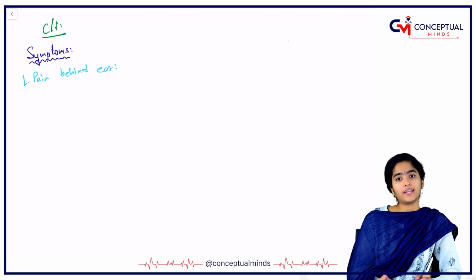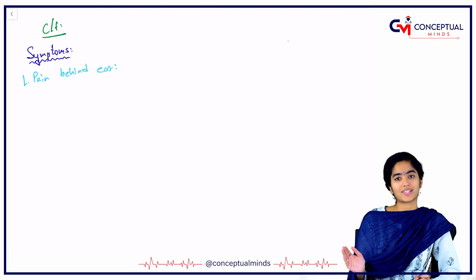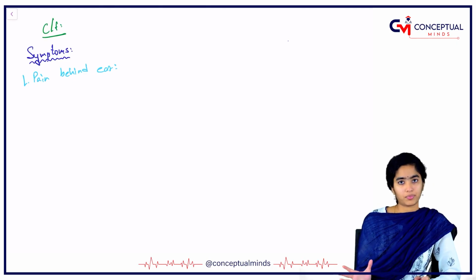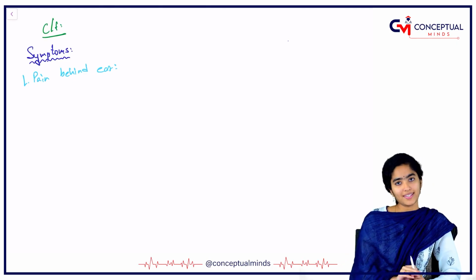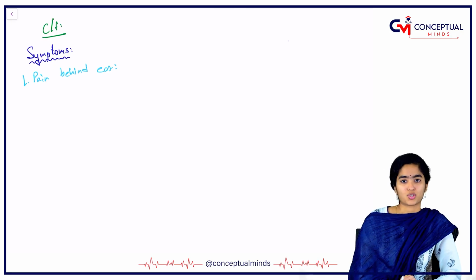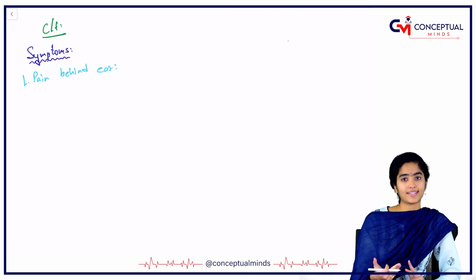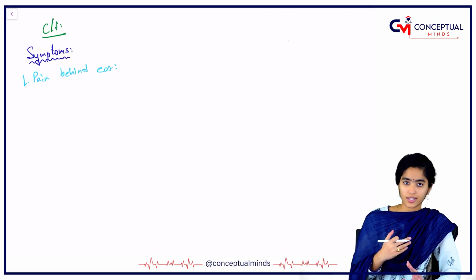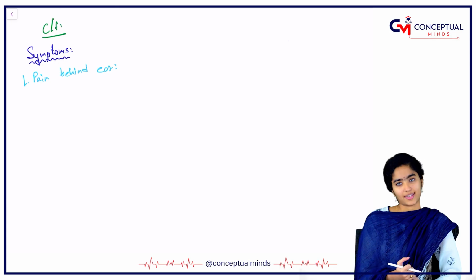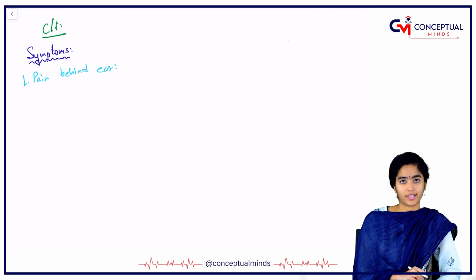But if the pain continues even after tympanic membrane perforation or even after prescription of antibiotics, that means maybe the patient is in mastoiditis. The pain persists, or sometimes it can even increase in intensity, or there is recurrence of pain, then you have to understand that it is going into mastoiditis.